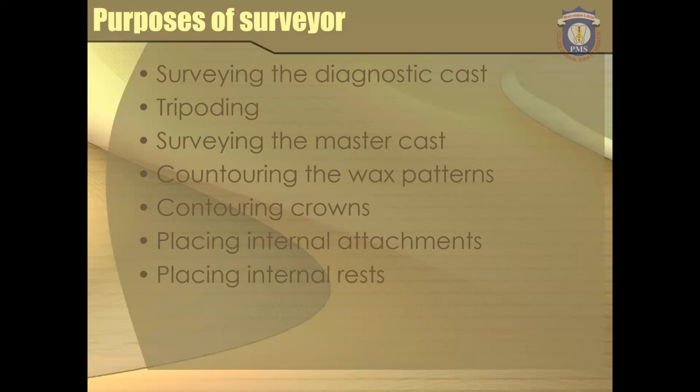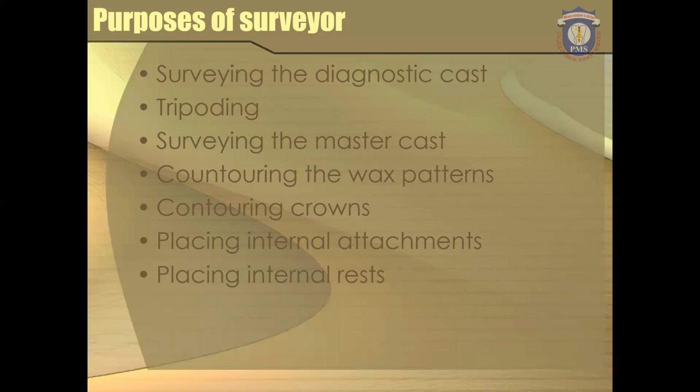If you have done surveying of a cast, you attach the cast to the cast holder and surveying is performed. During the surveying procedure, you understood that certain undercuts need to be engaged. So you tilted the cast to get a favorable undercut or a favorable path of insertion. In order to get the same angulation for your master cast, you do the procedure known as tripoding.